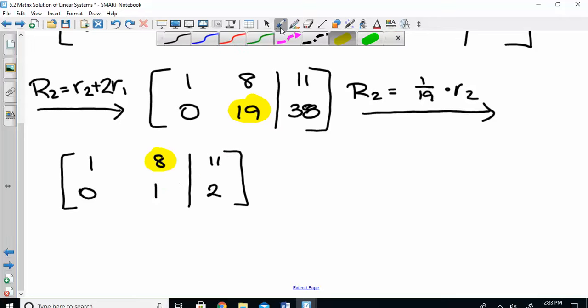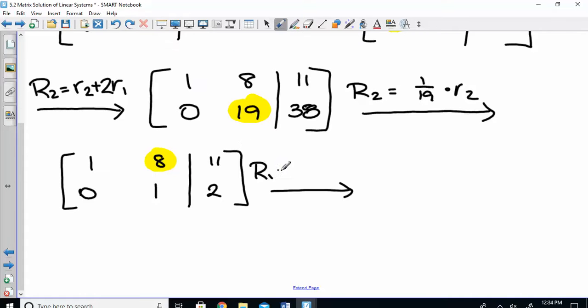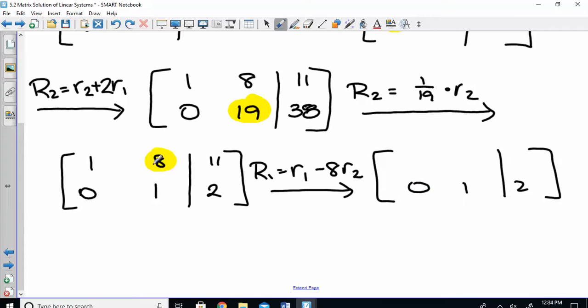Now we need everything else in this column to be a 0. So I need to change row 1, start with row 1. It's a positive 8, so subtract 8 of row 2. Again, if you need to show work, do that. Row 1 minus 8 times the number in row 2. So that's a 1. Row 1 is 8 minus 8 times 1 is 0. 11 minus 8 times 2 is -5.